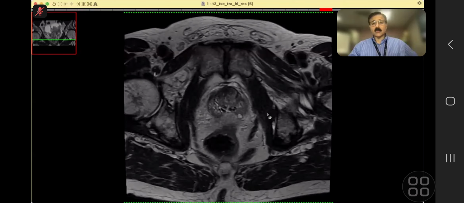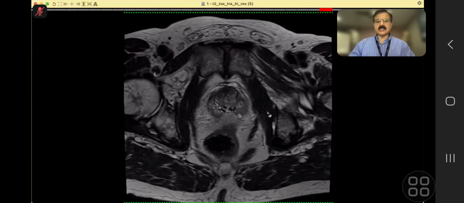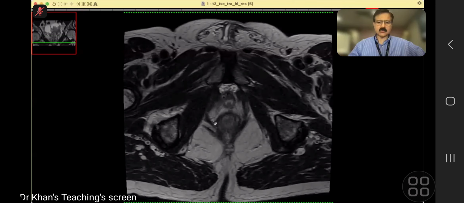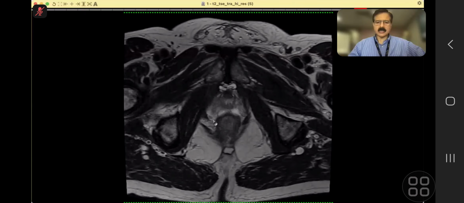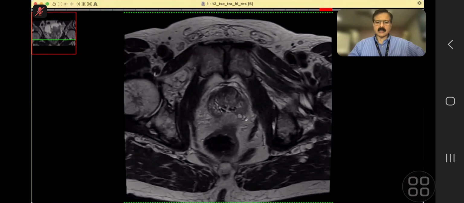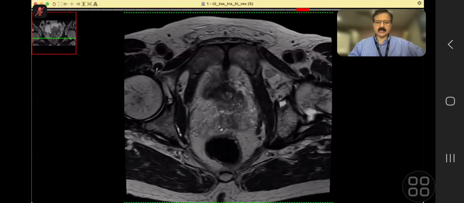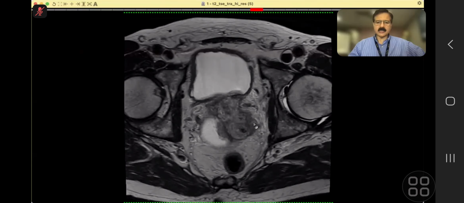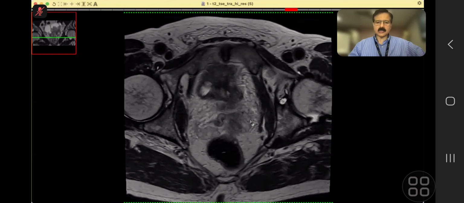By the way, what happened was in this case, it was reported on CT that this is a prostatic malignancy, and then we did an MR, and this MR is what we call a prostate protocol. So I've got all sequences for prostate on this one. Now, if you see, this is the seminal vesicle on right side, and this is the seminal vesicle on left side. It is invaded by the tumor.